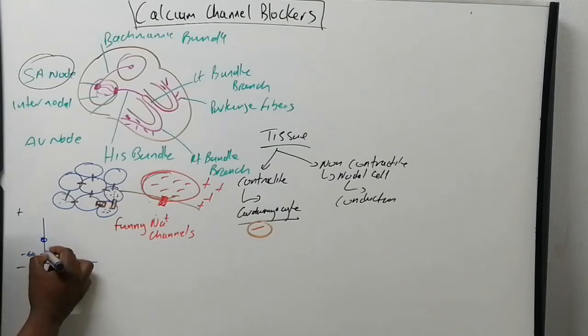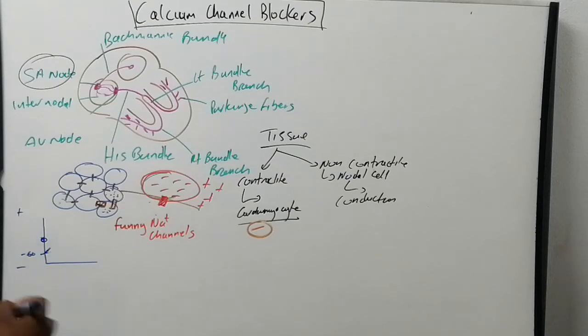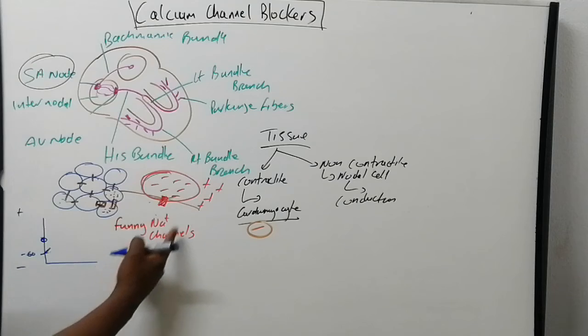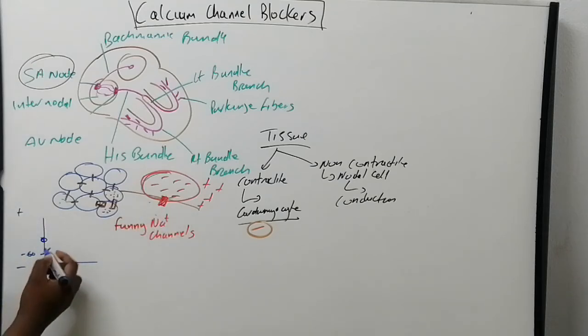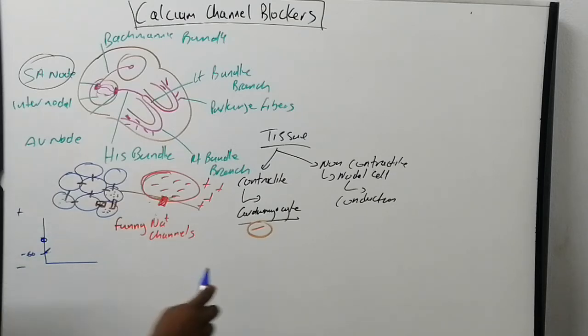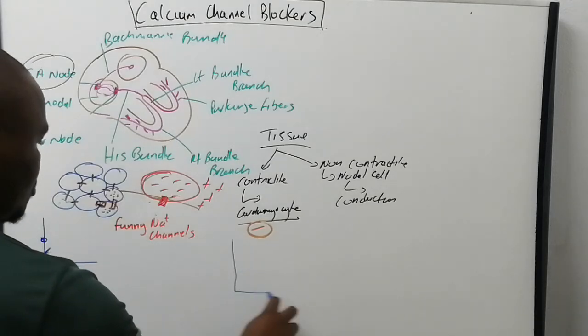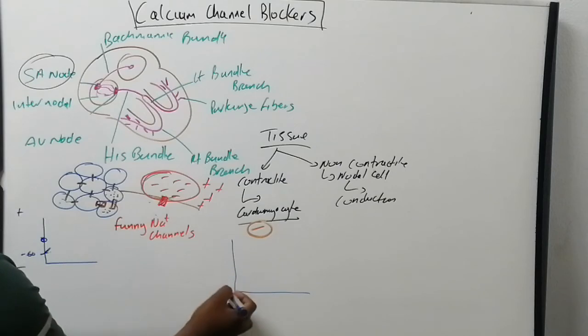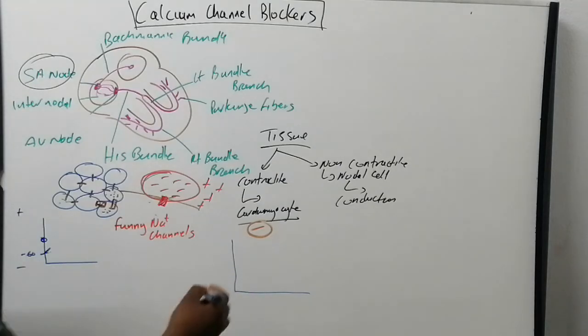So these cells will sit there, because they've got these funny sodium channels that constantly allow positive sodium ions to come in. They will have that dip. If you compare with the cardiomyocytes, which we're going to draw now, if you were to make their graph, the resting membrane potential is minus 90.